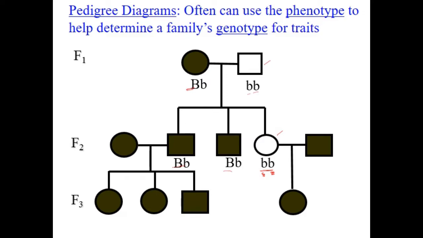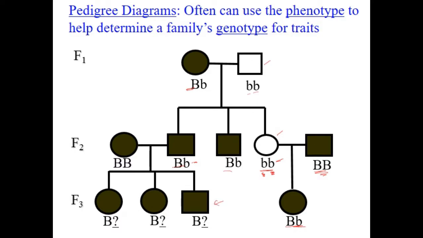Now, if we assume that the boy here and the girl here both married spouses that were homozygous dominants, both capital B's, then we can at least figure out one of the grandchildren as well. Because if this is lowercase b, and this is homozygous dominant, capital B, we know the granddaughter here has to be heterozygous as well.